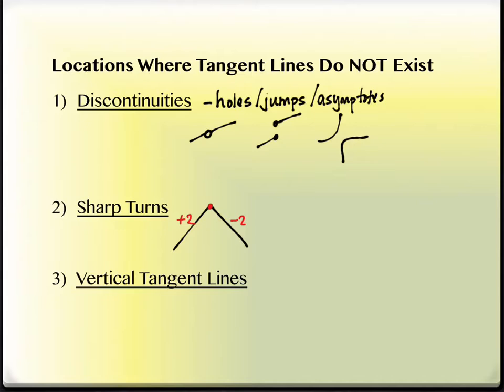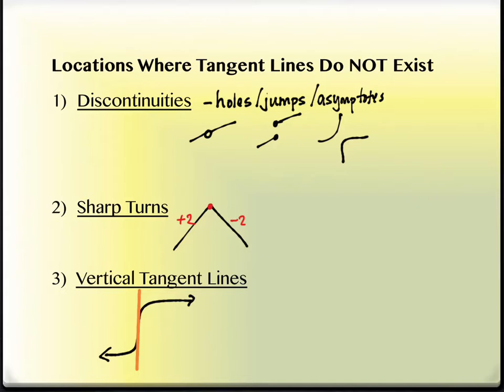And then vertical tangent lines is the last one. We don't see vertical tangent lines occur very often, but they do come up occasionally. A vertical tangent line happens when you have a graph that's very, very vertical at a location. If you were to try to find the tangent line at that location, it would actually end up being a vertical tangent line. The tangent line exists, it's just that it's vertical, and the slope of vertical lines doesn't exist.